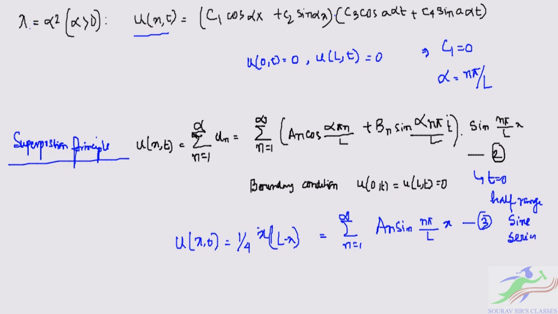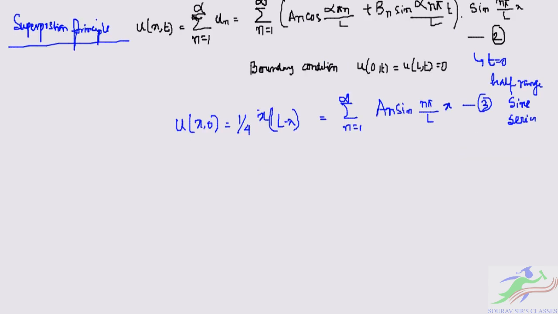Then a n can be evaluated as a n equal to 2 by l, integral 0 to l, 1 by 4 x of l minus x, sine of n pi x by l dx.